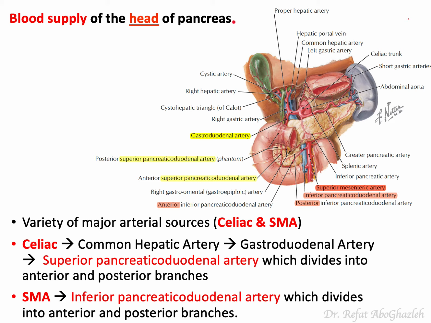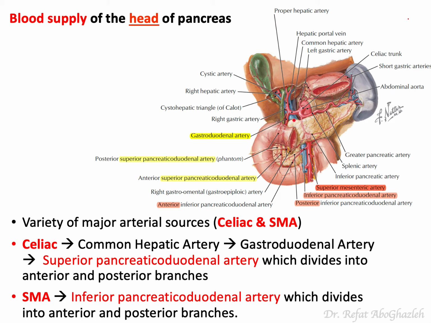And let us shift now to talk about the blood supply of the pancreas, and I would like to divide it into the blood supply of the head and the blood supply of the body and tail. Well, guys, I would like to remind you first of all about the blood supply of the duodenum. Do you remember the blood supply of the duodenum?